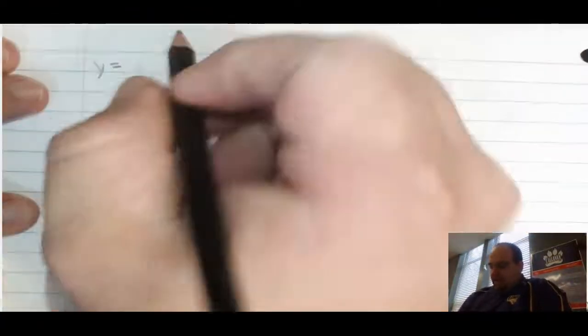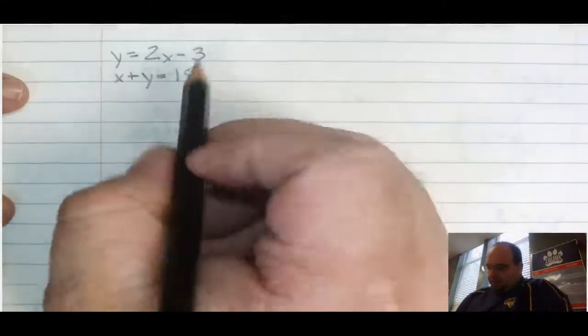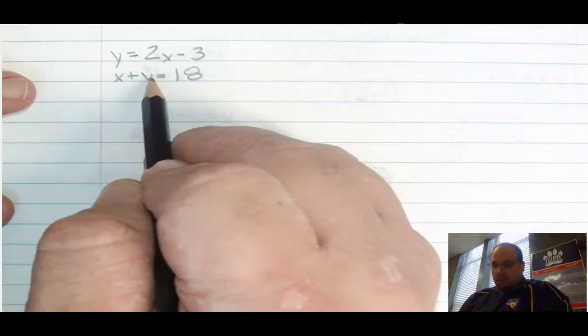All right, let's go ahead and look at another example. I'm going to have y equals 2x minus 3, and then the other equation is going to be x plus y equals 18. Again, I have a y equals, so that means I want to substitute into this one because this one is not equal to a variable. So I'm going to use x plus y equals 18.